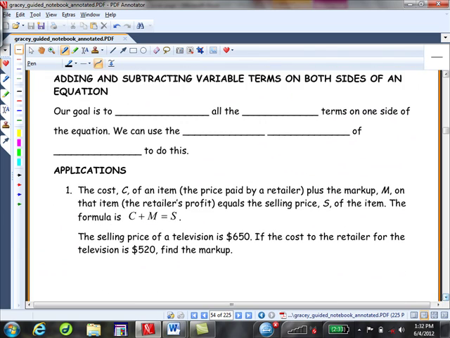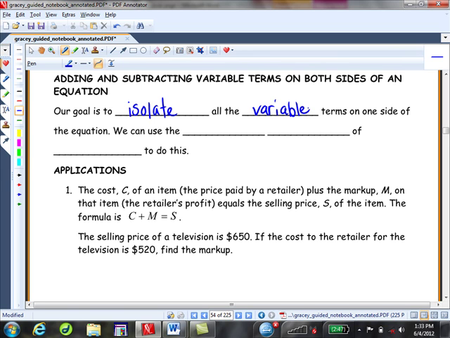Now we've already had a preview of this. We're adding and subtracting variable terms on both sides. We did that with that last example. So let's make it official. Our goal is to isolate all the variable terms on one side of the equation. This is when we have a linear equation in one variable.